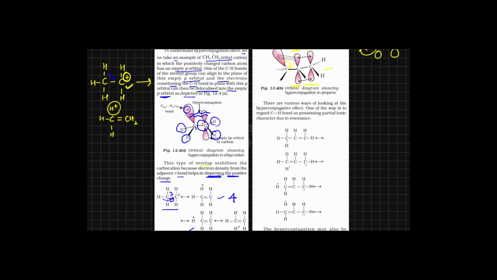And lastly, they have given the hyperconjugative structures of propene. There are various ways of looking at hyperconjugative effect. One of the ways is to regard CH bond as possessing partial ionic character due to resonance. So, this is propene, this H, so H plus will be over here. If it is this H, then this one structure, and if it is this H, this is the structure.